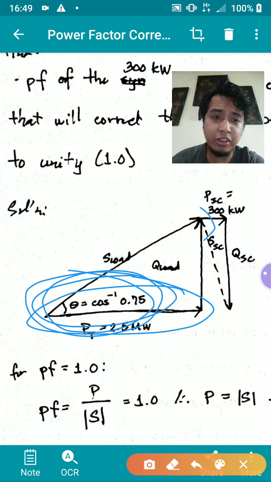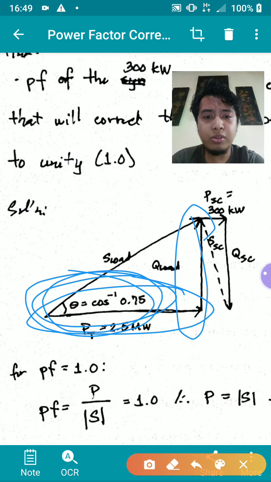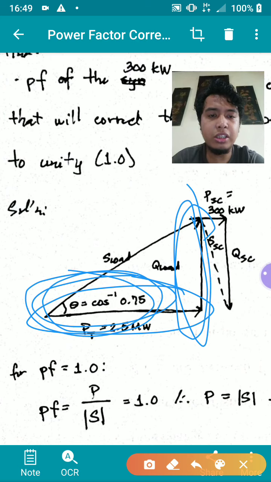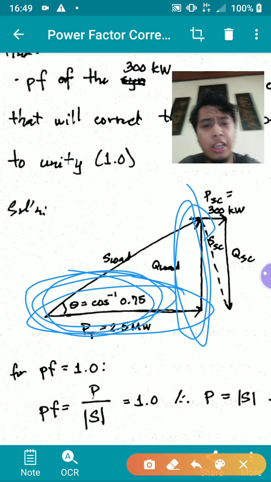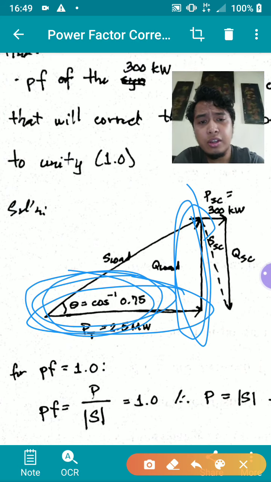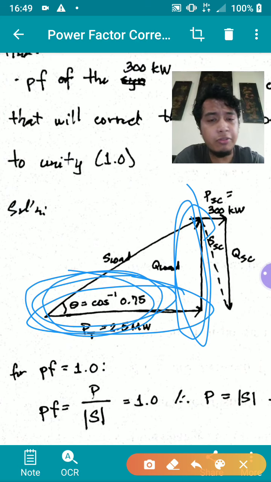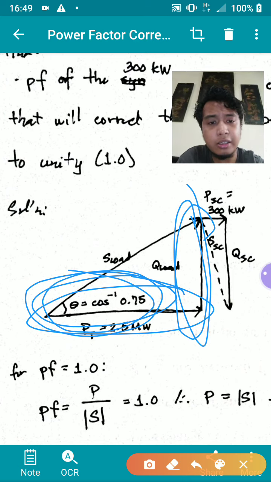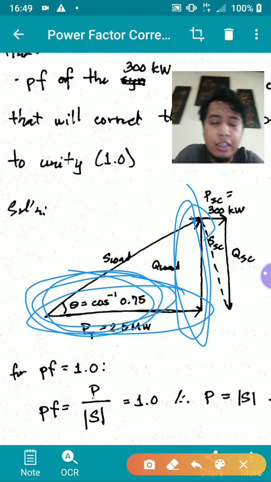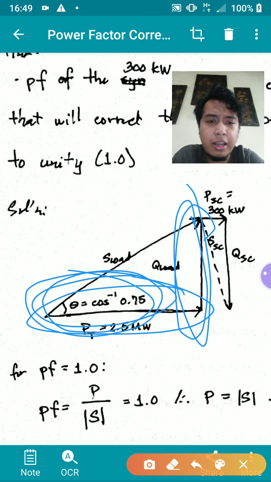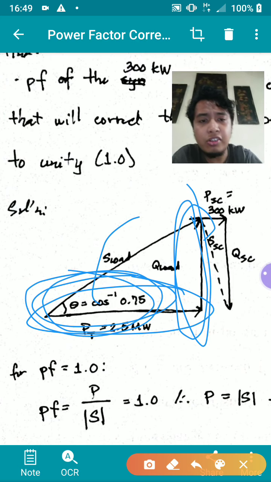Therefore, I have a positive Q load here. So I can actually solve for this Q load using any trigonometric function. If I use P and theta, then I'll need tangent. But I can also use sine and cosine by solving this S load here.